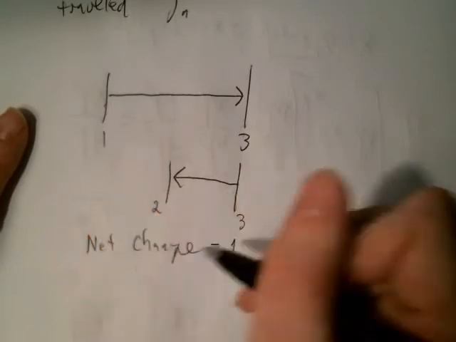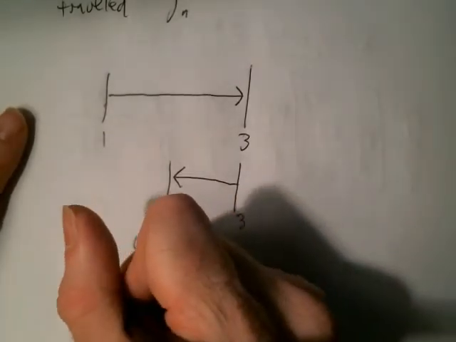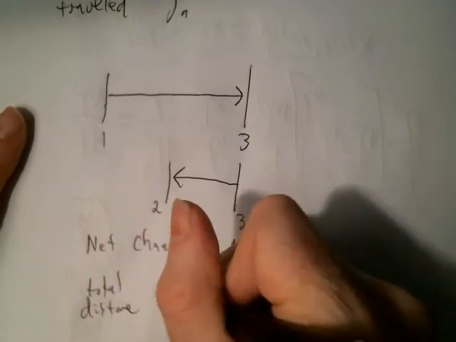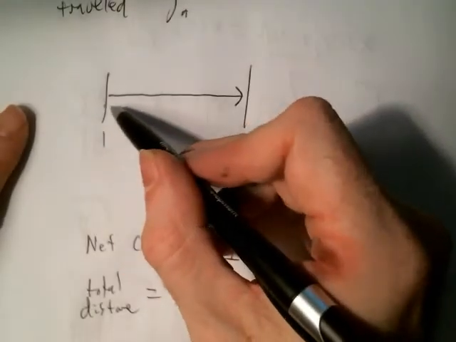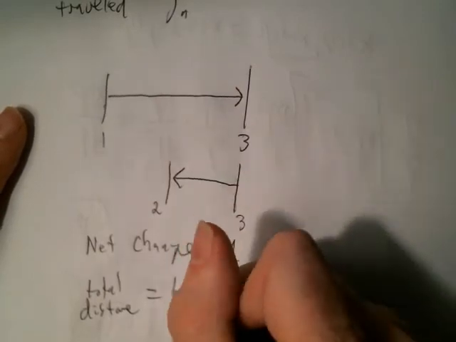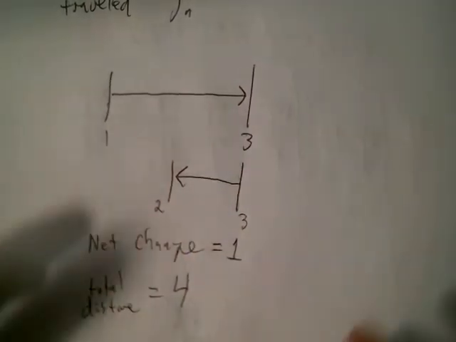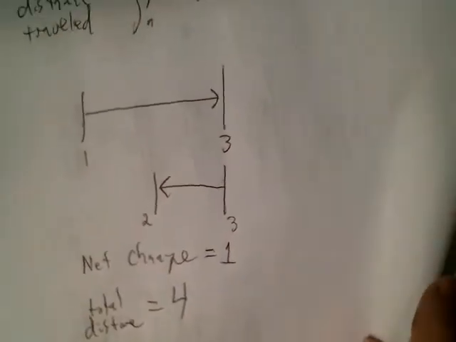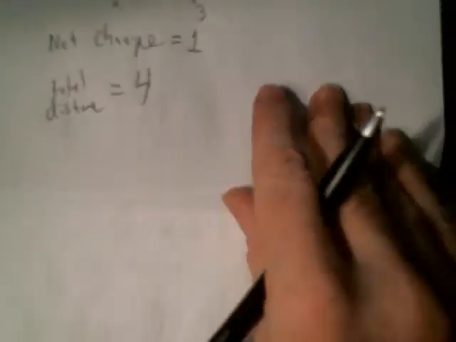The total distance traveled then is going to be 1, 2, 3, and then 4. Right? So this is actually 4. That's the difference between these two interesting thingamajigs.